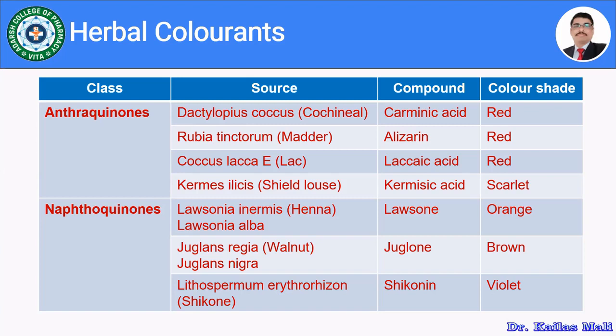Then the second herb is Rubia tinctorum, also known as madder. The major chemical constituent responsible for the red pigment is alizarin. Then Coccus lacca, that is the lac. Again, it gives the red color, and it is due to laccaic acid.